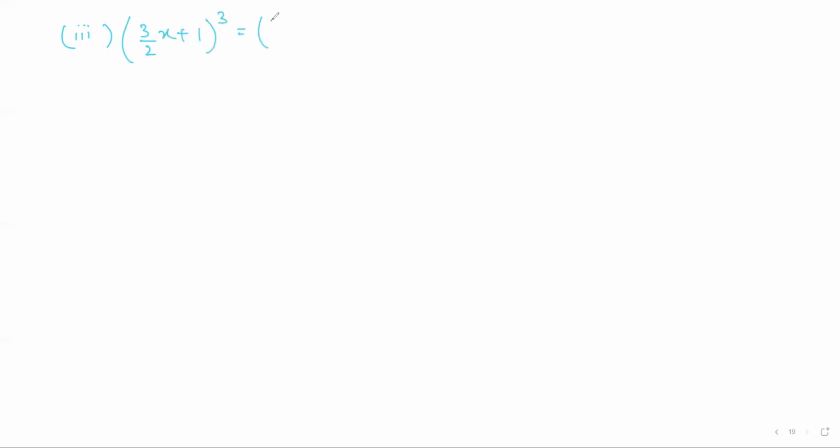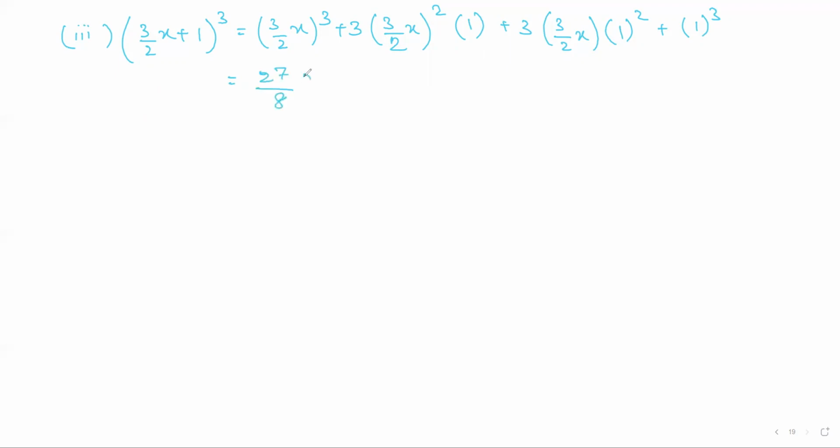So putting it into the formula, we get 3 by 2x whole cube, which is a cube plus 3 times a value whole square into b value plus 3 times a value as it is into b value whole square plus b value whole cube, which is 27 upon 8 x cube, 3 square 9, 9 into 3 again 27, 2 square 4 x square plus 9x upon 2 plus 1.